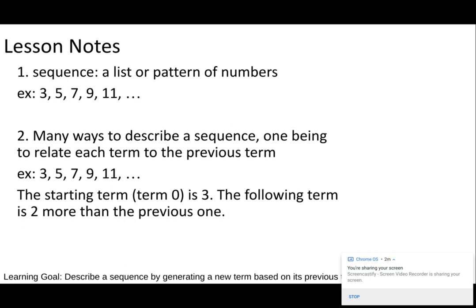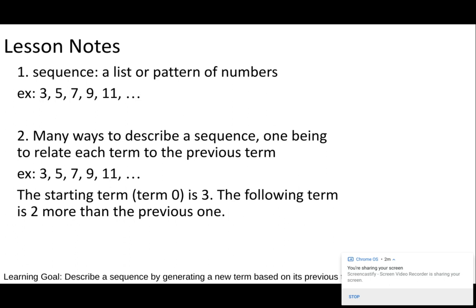Another way to describe a sequence is to talk about each term and relate it to the previous term. It's a very silly example, but we have a sequence in which we're going up by 2 every time. Our starting term is 3. Remember, we talked about how the first term of a sequence is referred to as term 0. So our starting term, our term 0, is 3.